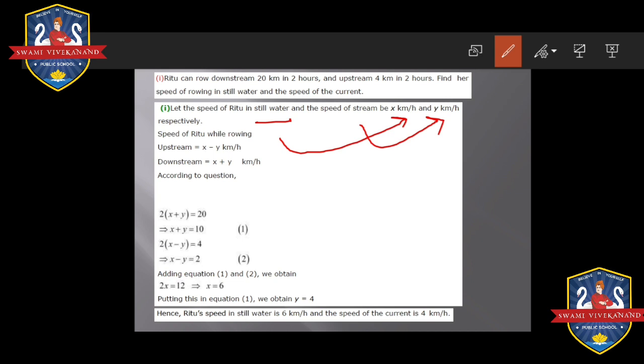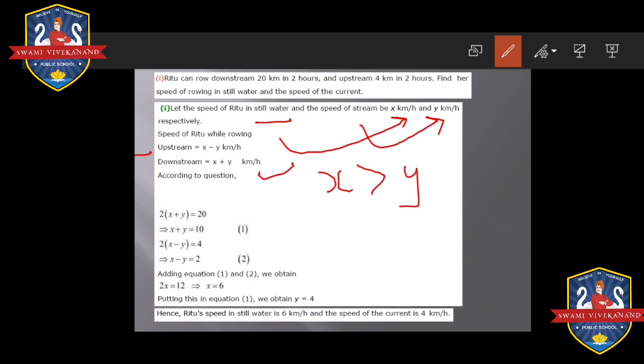A person can row upstream if the speed of the person is more than the speed of water. So here it is obvious that x is greater than y. The speed of the person upstream is equal to x minus y. It is obvious that if we go in the opposite direction of the stream, our speed will decrease. Therefore, the speed of Ritu upstream is x minus y and the speed of Ritu downstream is x plus y.